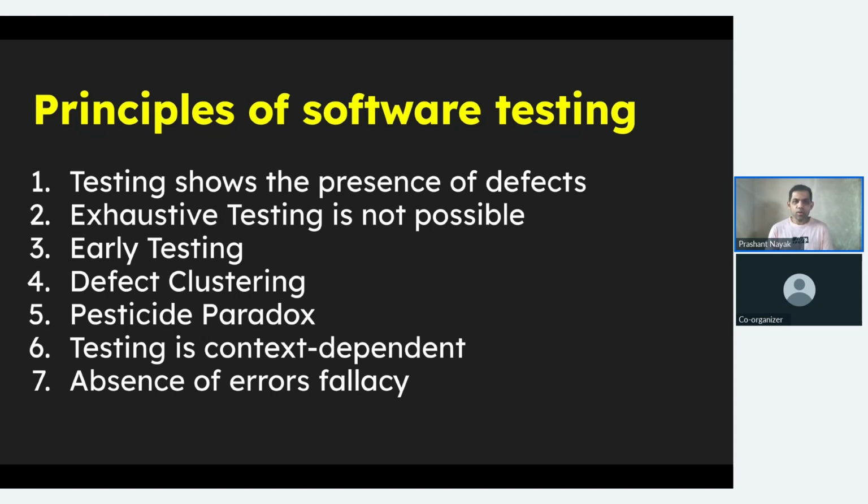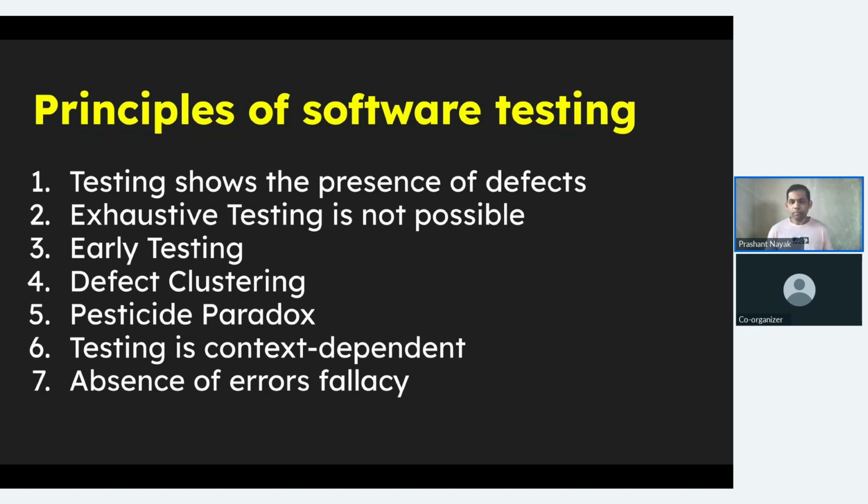So you need to remember this. Even during the interview, if someone asks you, can you test a software so that it is 100% defect free, you can't say yes. You have to say no, because that's not possible, because you can't test each and everything. Inside the code there might be one line of code that is causing a defect but not covered as part of the testing scenario.